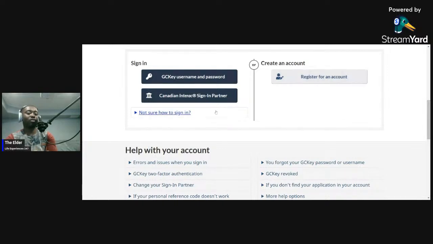But we already created one in the previous training, and we used the GC key, not Canadian Interac Sign-In Partner. That one is mainly for people who already live in Canada and have banks in Canada. This is mainly for people who are outside Canada and don't have any banking institutions in Canada, so you just have to use a Government of Canada key, short GC key.